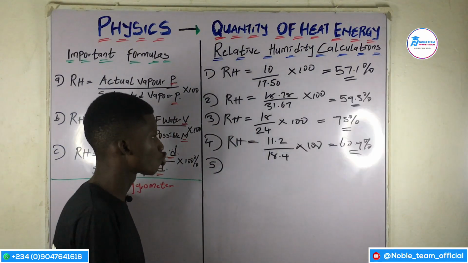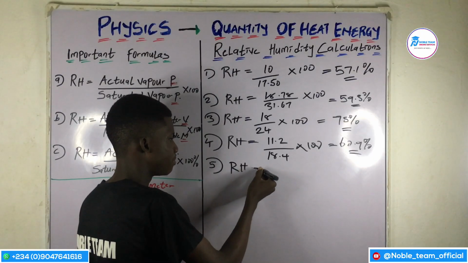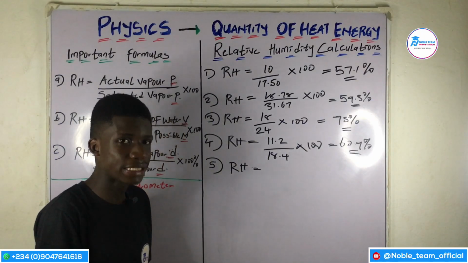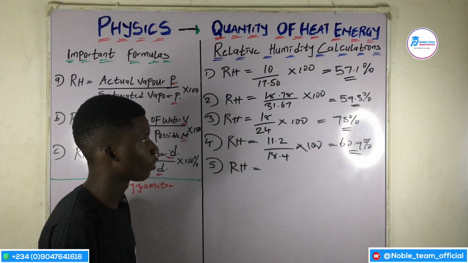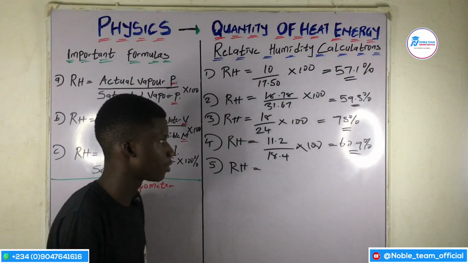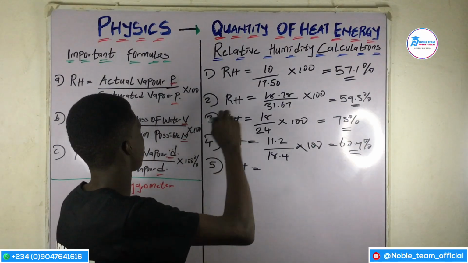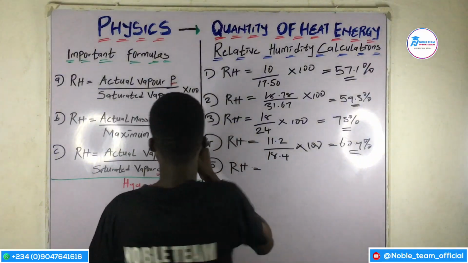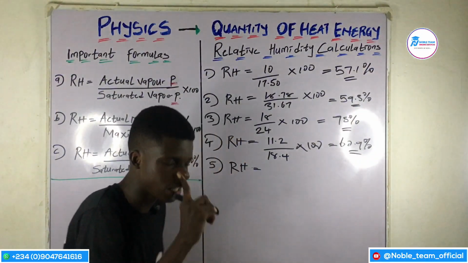Now, for you to be able to solve this kind of question very fast, you need to apply sense, because in the JAMB exam, you don't need to be wasting a lot of time. If you want to solve this kind of question and identify the actual vapor pressure and the saturated vapor pressure, or the numerator and the denominator, easily, listen.